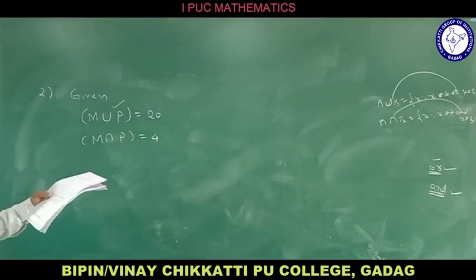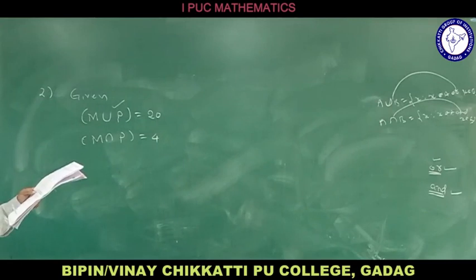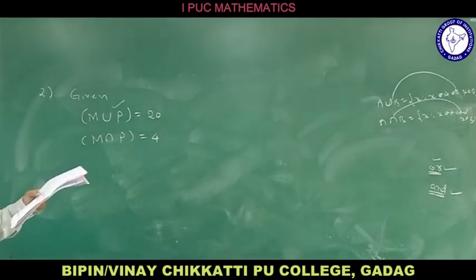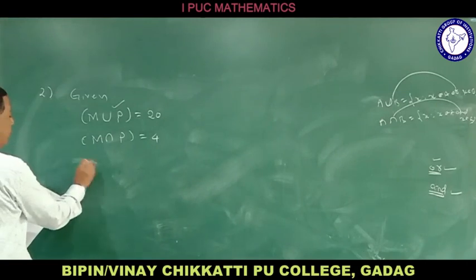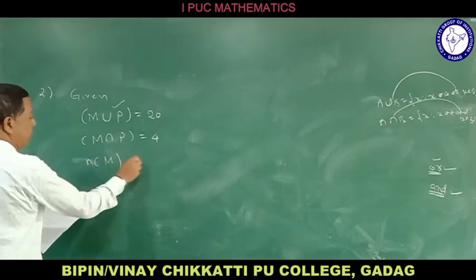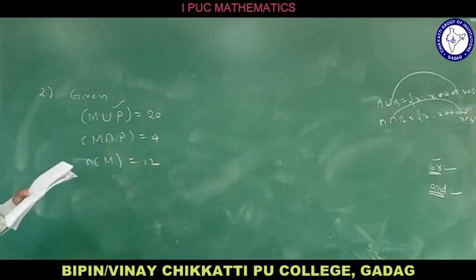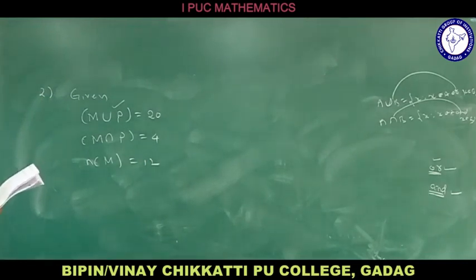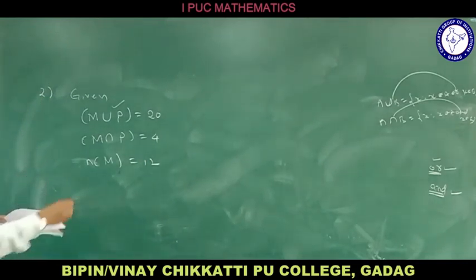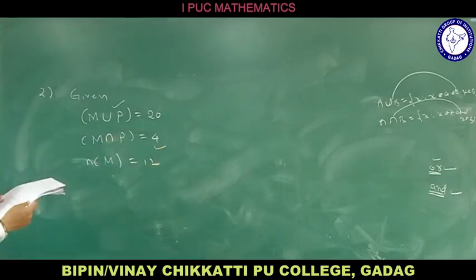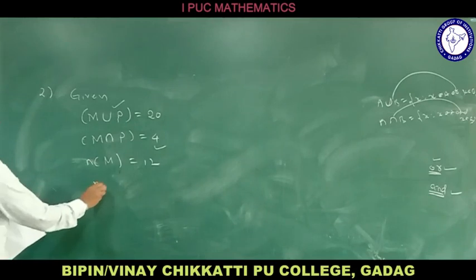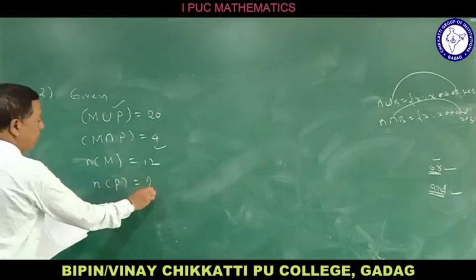You see that 12 teach only mathematics, and 4 teach both physics and mathematics. And means intersection here. The question is how many teach physics, that is, n of P is equal to how much?